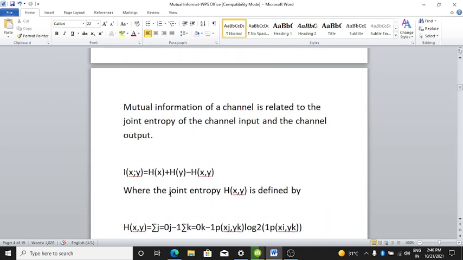The mutual information of the channel is related to the joint entropy of the channel input and the channel output.